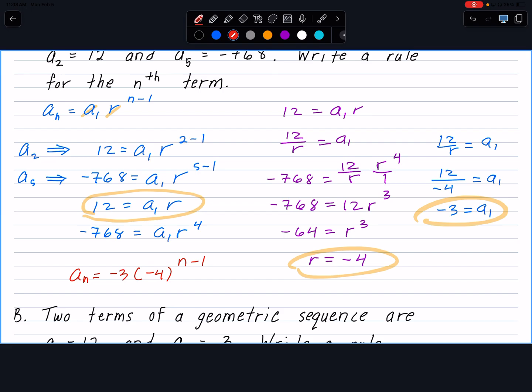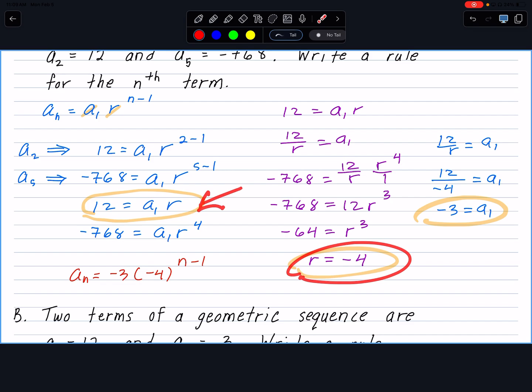Question? You have the equation, and you have r. Why can't you just know that a_1 is negative 3, because what else times negative 4 equals 12? So just to be clear, you're saying now that you know what r is, why couldn't you have just gone from here?